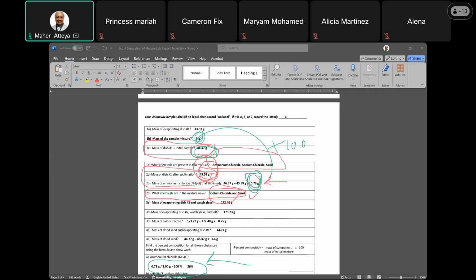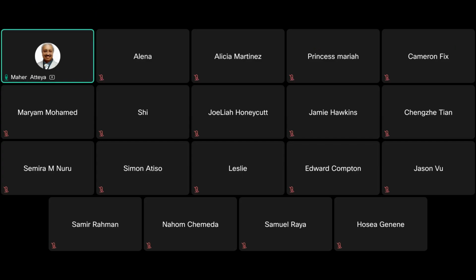Now we have to go on, correct? We know the mass of the watch glass, the second one, with number 2. We know the mass of it, correct? So we'll go back and look. I'll stop sharing here, and I want to share the PDF again.